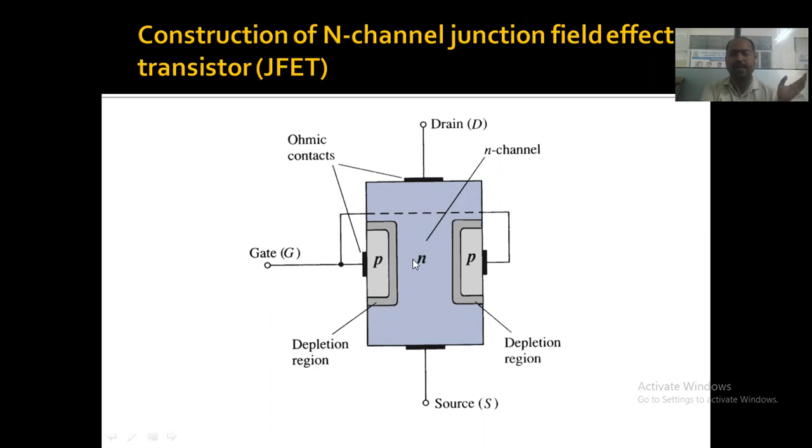When P and N are connected to each other or nearby, they are nearby. Due to that, electrons from N and holes from P come to the middle portion, and they mix with each other, right?